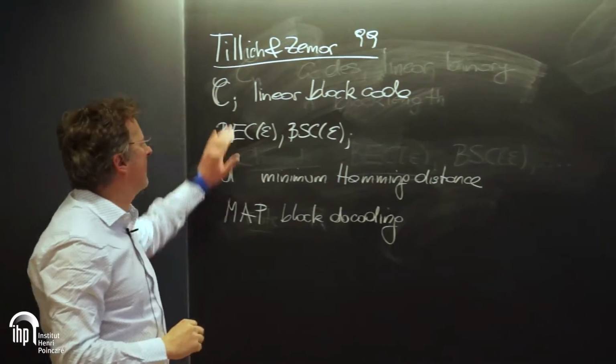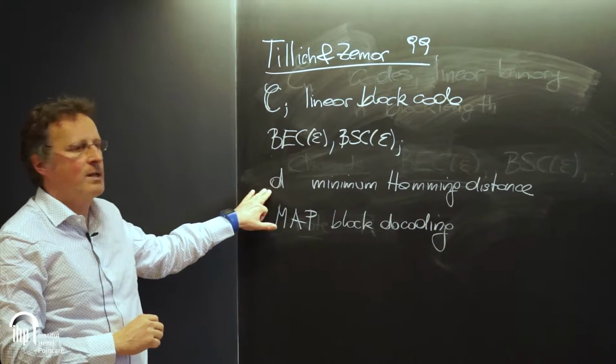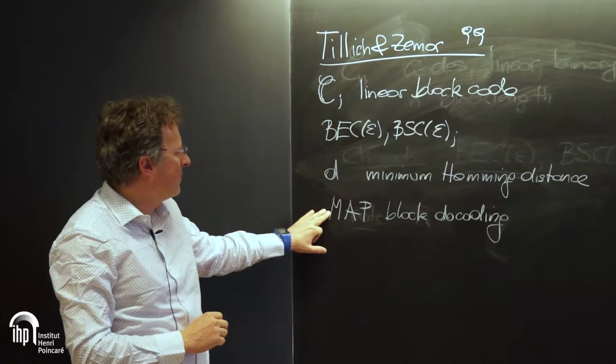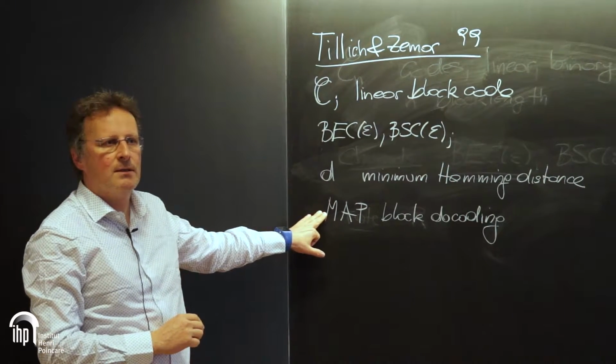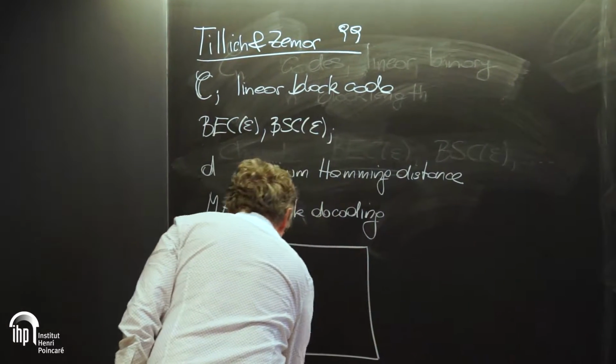So we take a linear code. Let's assume we transmit over the binary symmetric channel. The code has Hamming distance d, which can be anything, and we're talking about MAP block decoding. So we have, again, this picture like this.